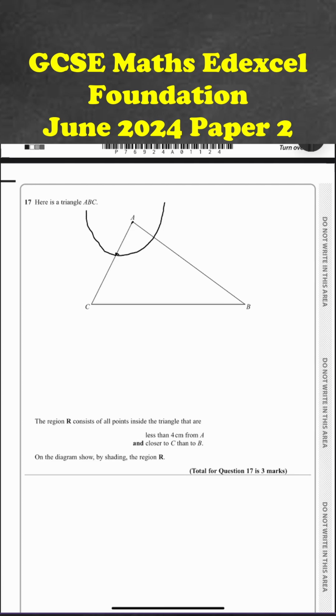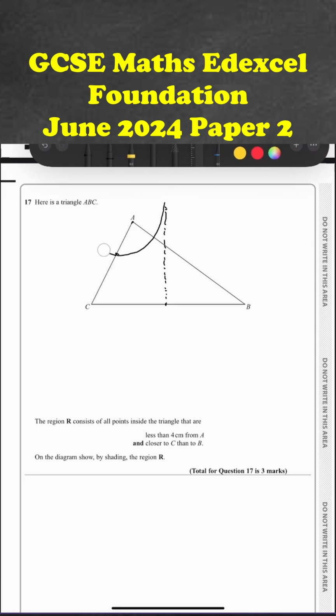You're also going to need to take the midpoint of B and C, as we know that it's got to be closer to C than B, and you're going to draw a perpendicular bisector up here like this. Now you can tell how poorly I've drawn this circle, because I'm pretty sure that's not how that's going to look. I'm just going to redraw this.